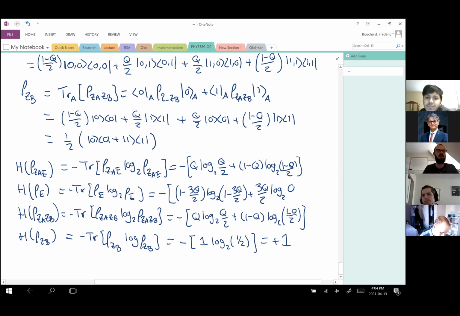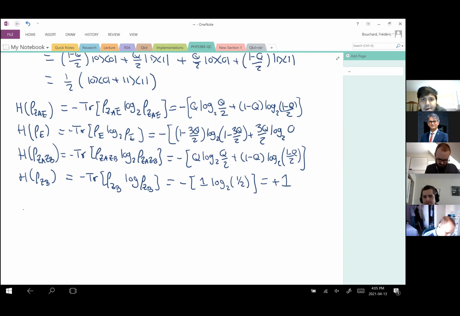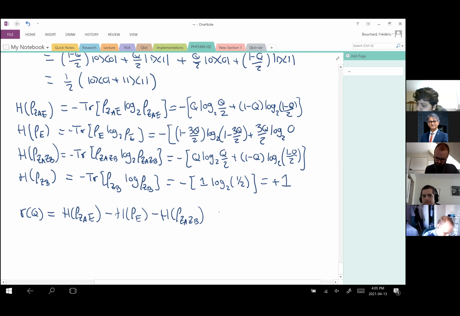Almost done. The secret fraction now is a function of Q, which we said is H of rho ZAE minus H of rho E minus H of rho ZAZB plus H of rho ZB.